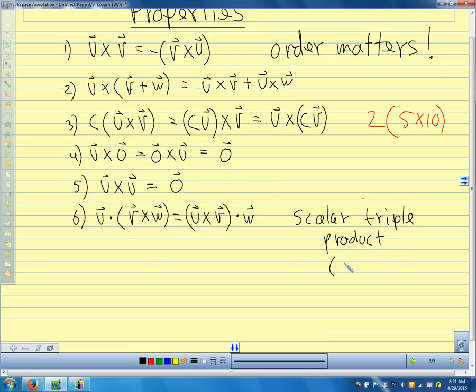Or sometimes you'll hear it called the box product. We'll talk about why that is in just a minute. We won't do much with the scalar triple product, but it shows up every once in a while, and it's nice to know that it exists. All right, so questions on our arithmetic properties for the cross products.